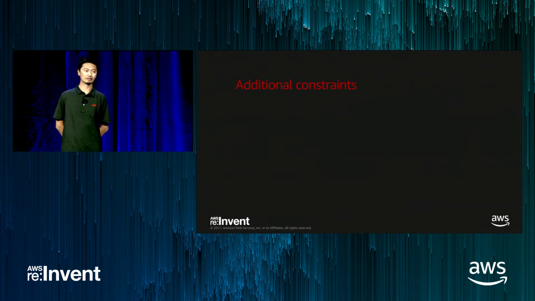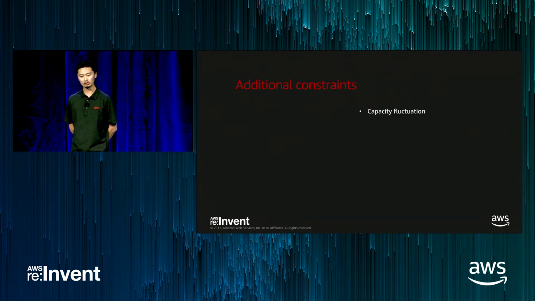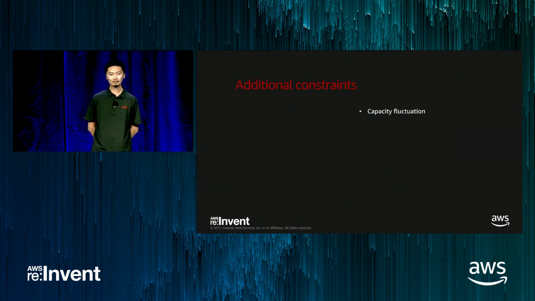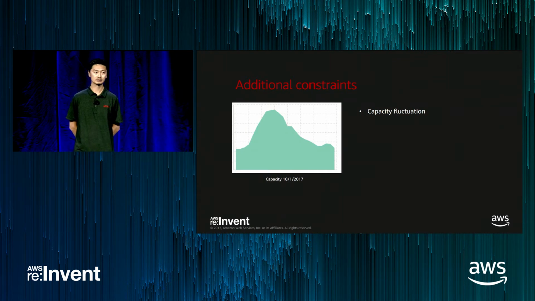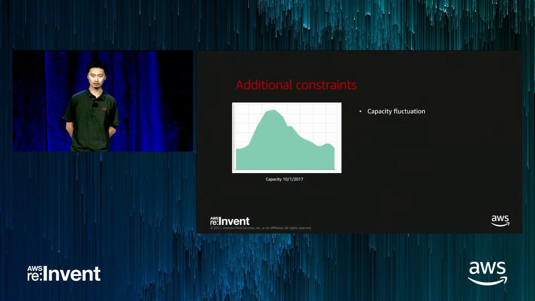As if this is not enough of a problem, we have some additional constraints. We have capacity fluctuations. While Netflix has a fixed number of reservations at the moment, the number of instances that we can use depends on what's available and what is in use. For example, for the rest of Netflix, we have API services that are directly tied to end-user experience and playback experience.